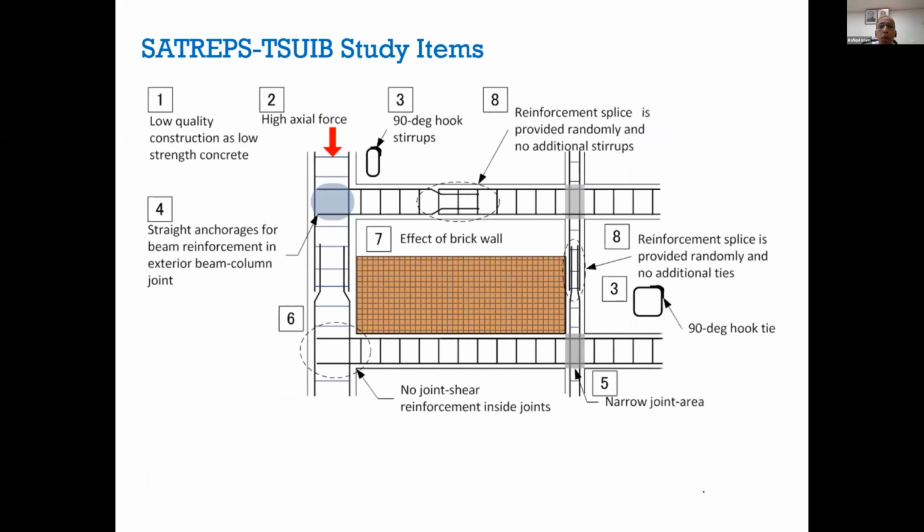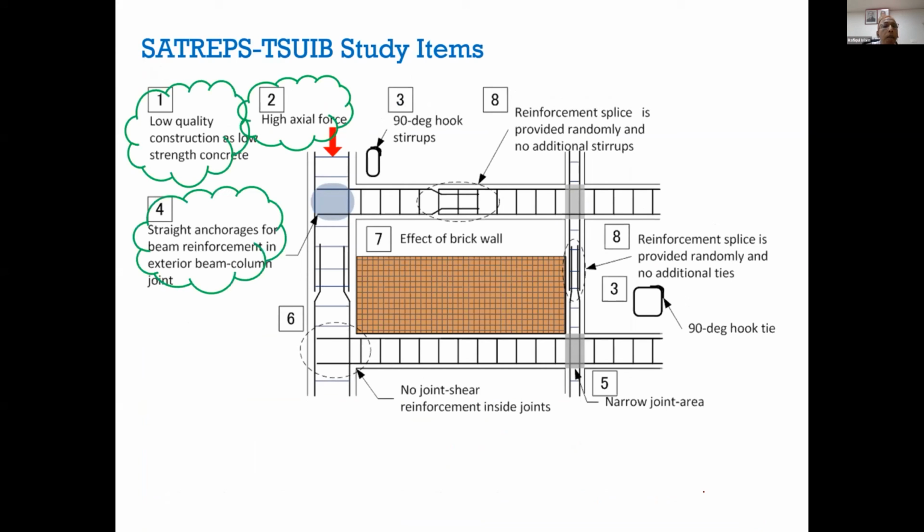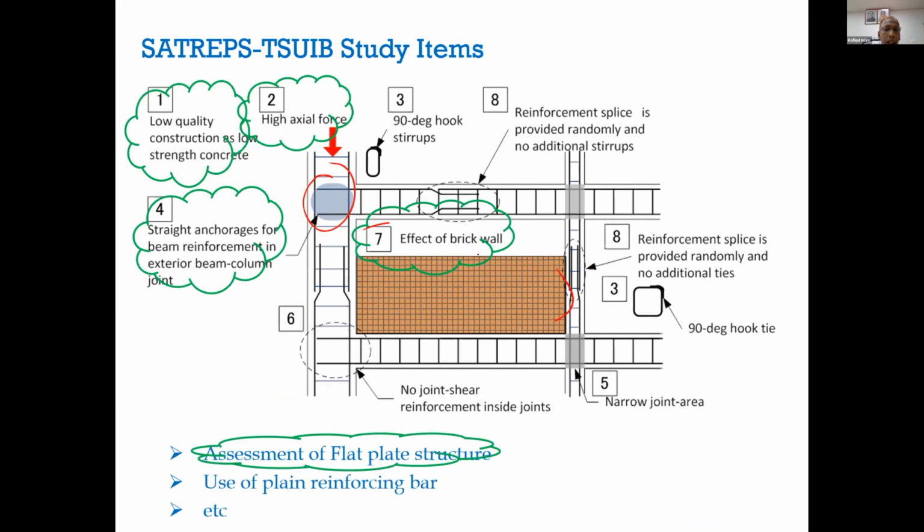In the SATREPS project, the problems addressed are low strength concrete and high axial force, also the anchorage problem. The infill masonry was also addressed, and the flat plate structure, which we did not address in our PWD manual, is also addressed.